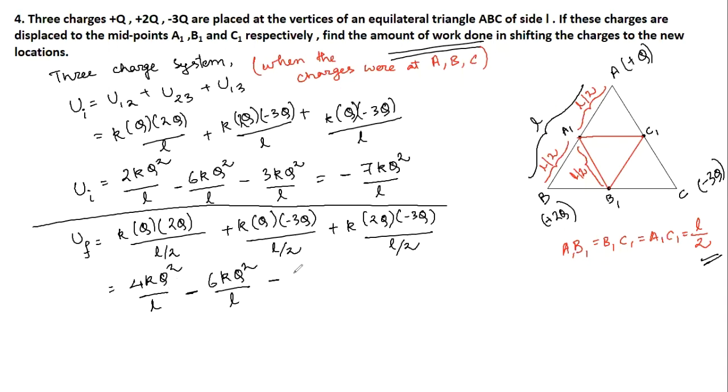And here you will have 12K Q square by L. So if you do the calculation, you will get minus 2 from here, and then again minus 2. So you will have how much? Minus 14K Q square by L. So this will be our net potential energy in the final position.